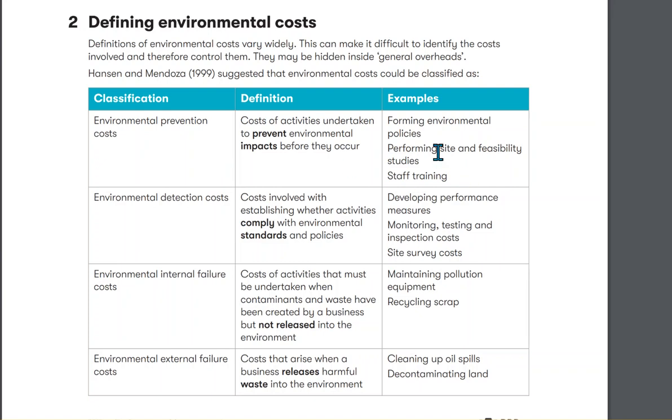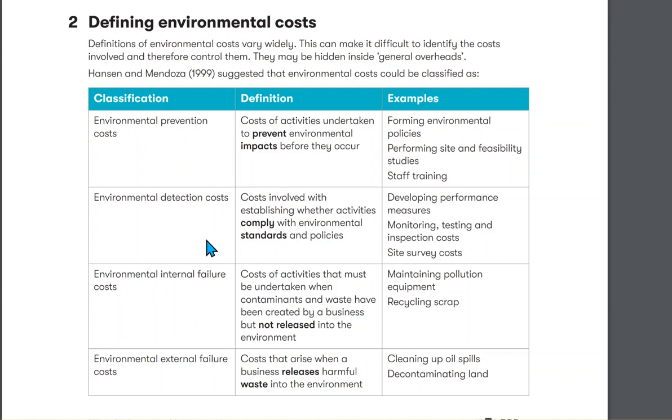Examples of these are forming environmental policies, performing site and feasibility studies, and staff training. Then environmental detection costs: once we have affected the environment negatively, detecting that would be detection costs.